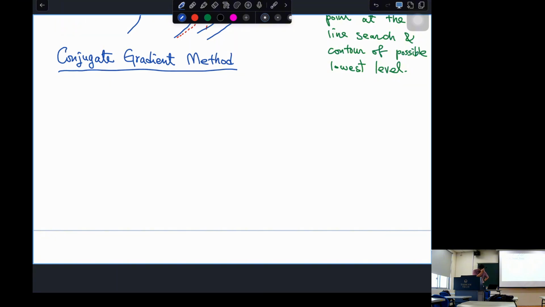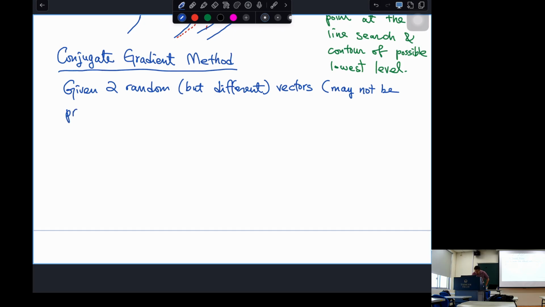So the idea is that for two vectors, given two random but different vectors, that also may not be perpendicular to each other.